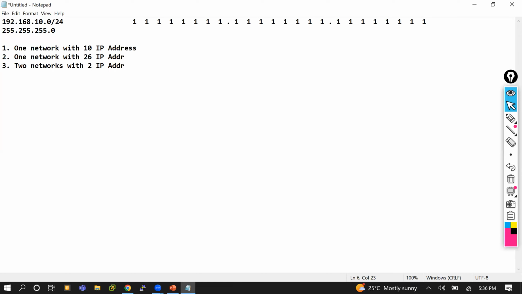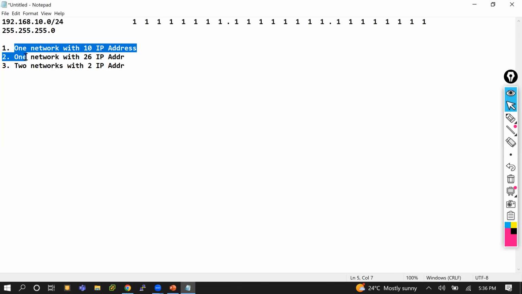Now, totally how many subnetworks do we have? 4 subnetworks. Here is one network, second network, and here we have 2. 2 plus 2, totally 4 networks. Along with the 4 networks, they are also defining in each network how many IP addresses they require. In the FLSM they are not defining that, they are just giving how many subnetworks they require.